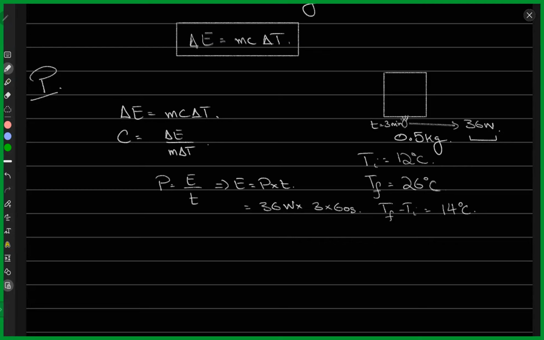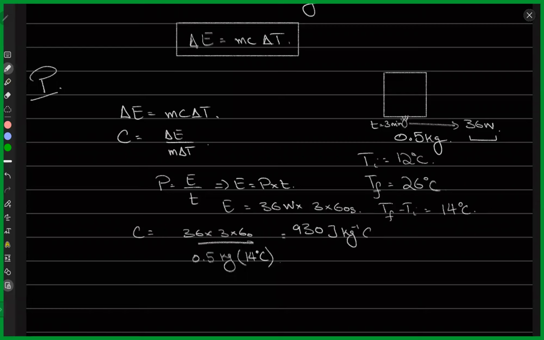So that's your energy, and c would simply be delta E divided by m delta T. So it would be 36 times 3 times 60 divided by m, which is 0.5 kilograms, and delta T is the change in temperature, which is 14 degrees Celsius, right? And then you just do the math and you get 930 joules per kilogram per degree Celsius, right?